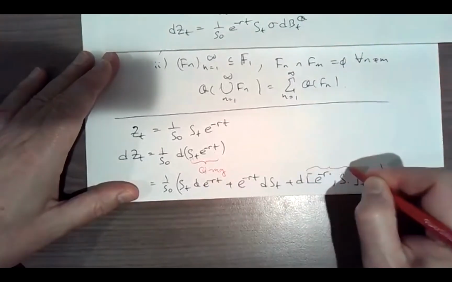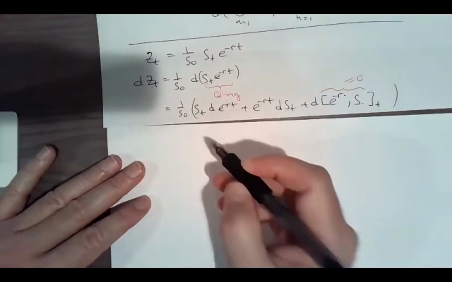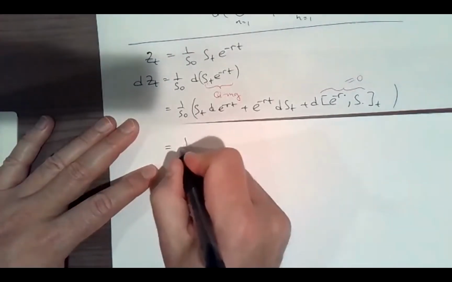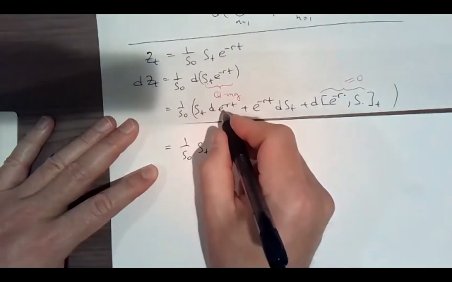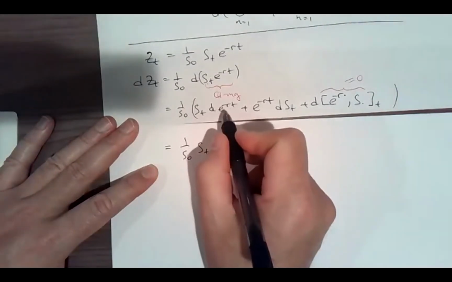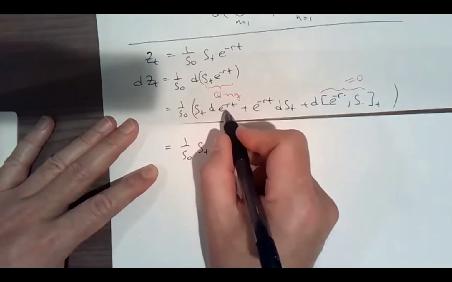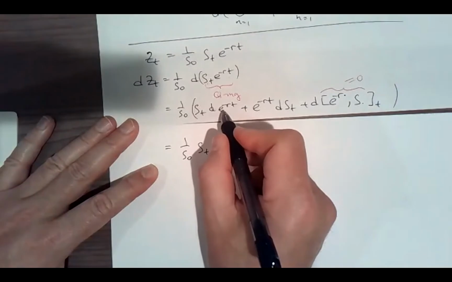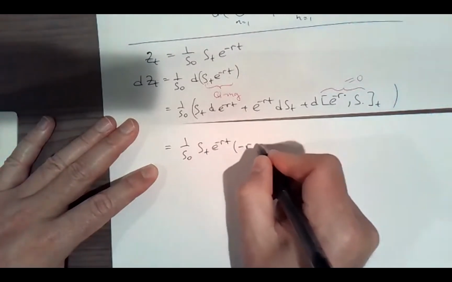This here is equal to 0. So then I'm left with the first two terms. This is 1 over S naught. Then I'll have St, the dynamics of the money market account, 1 over the money market account. This is smooth, so you compute a derivative here. You will get e to the minus rt times minus r dt.